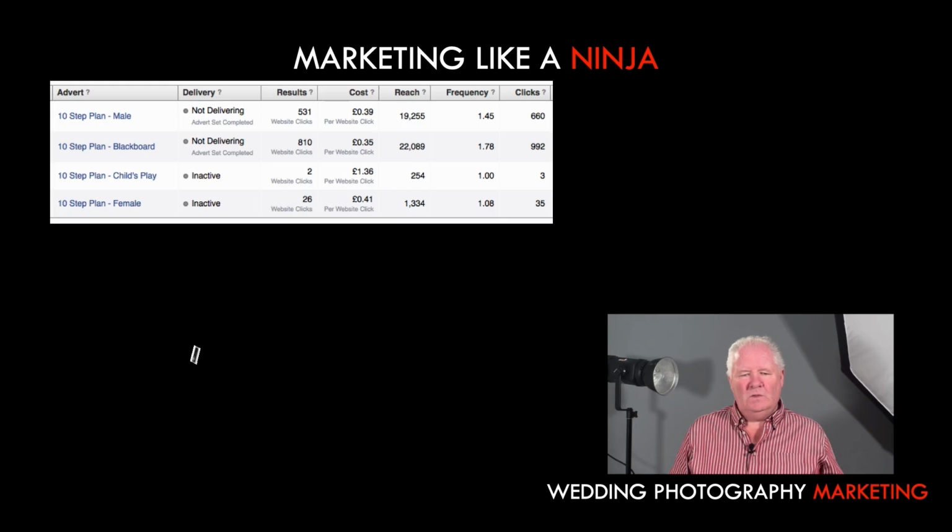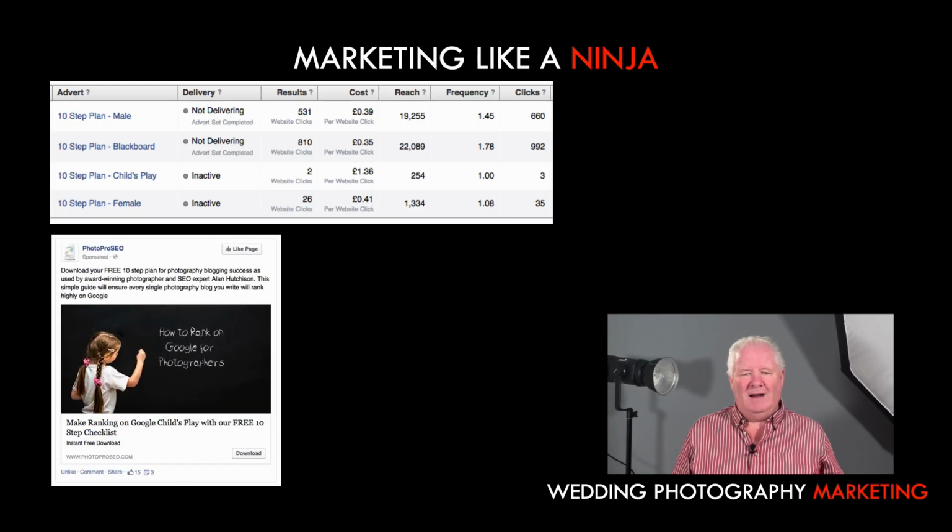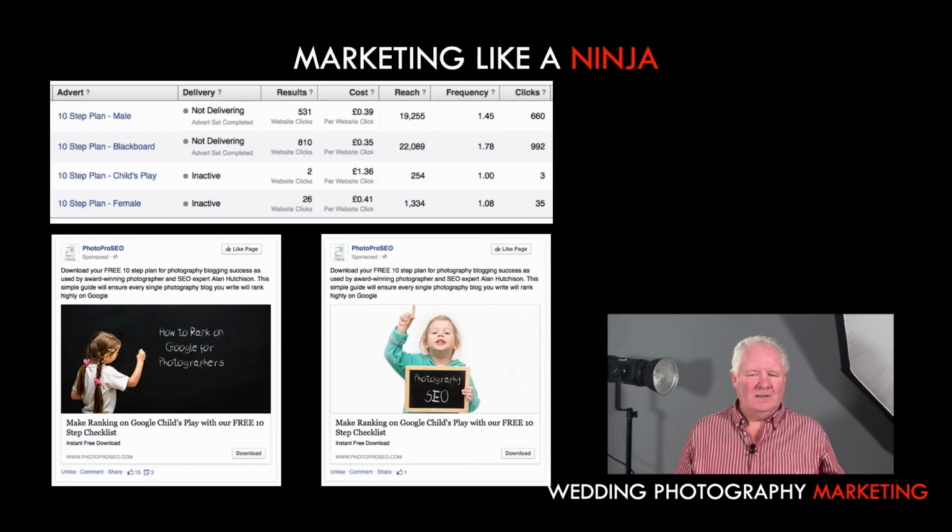The best performing by far was the one with the kid drawing on the blackboard. And the worst performing, believe it or not, was also a kid just holding up a sign. It's so interesting to see how slight tweaks in the adverts can make such a huge difference. This is why it's so important to do A/B testing on your adverts.